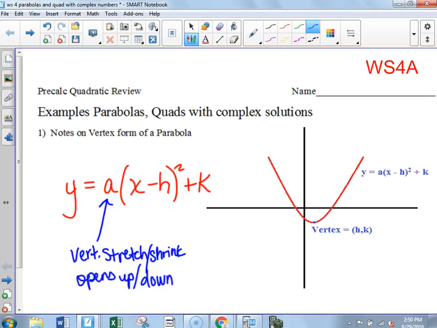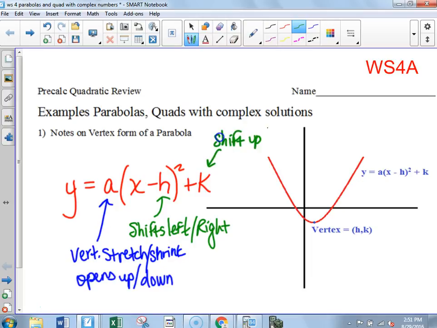Okay. What about this H? That's a shift. It's in with the X, so it shifts which way? Yeah, the X goes this way, right? So it shifts left or right. And this guy, the K, tells us the shift what?